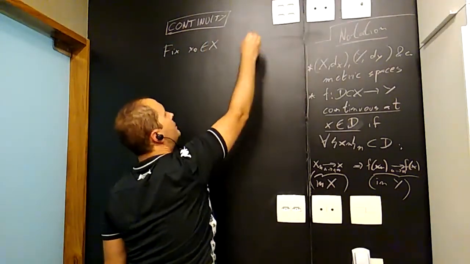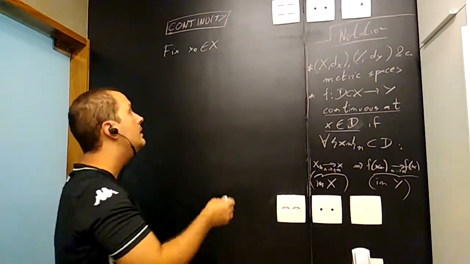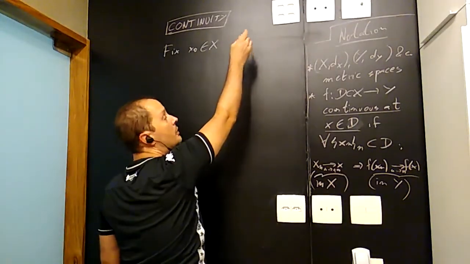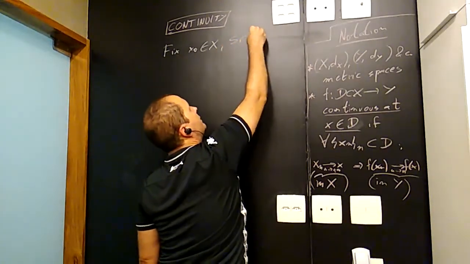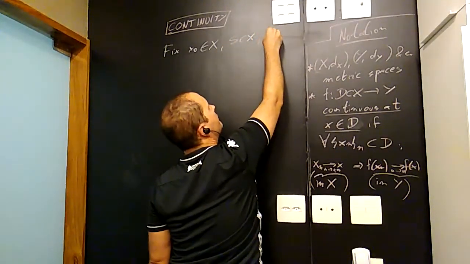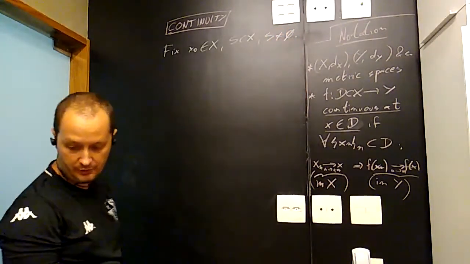Now I'm going to be looking at functions from some metric space (X, d sub x) to R with the usual metric. So I'm going to fix a point in the subset of x, and the subset I'm going to assume is non-empty. Otherwise, things are not much fun.